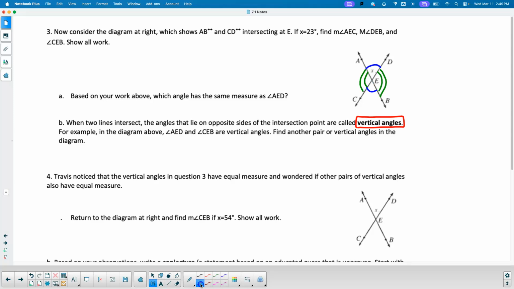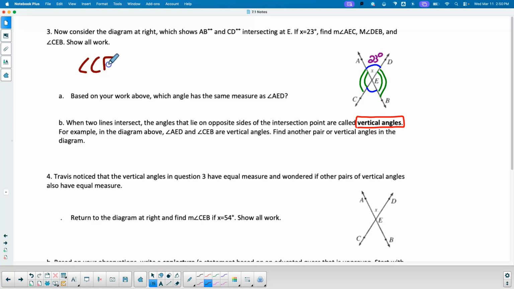So if x equals 23 degrees, this one here is 23 degrees. Give me another angle with its name and its measure. What do you got, Daisy? Angle CED equals 23 degrees. Yep, because it's the vertical pair.